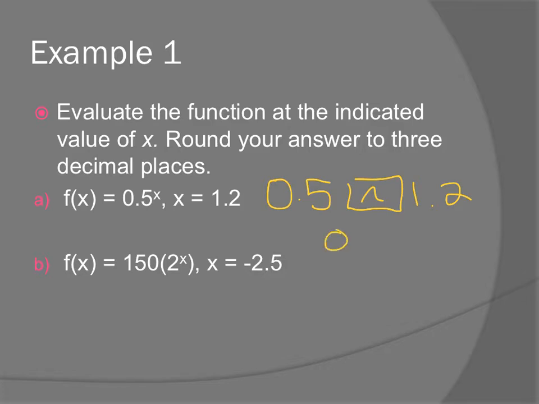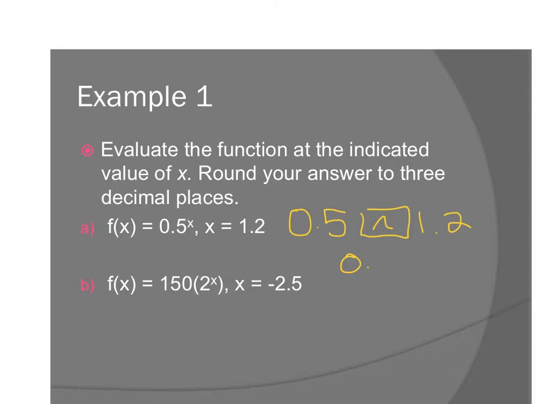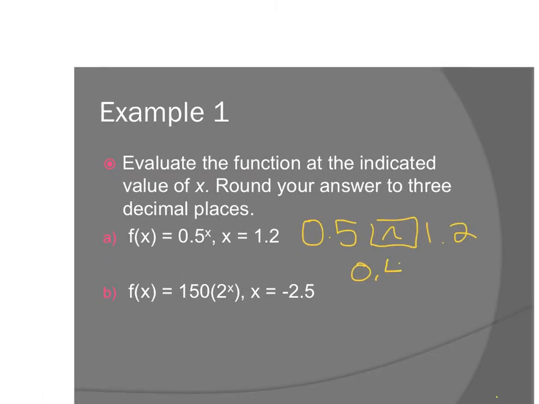And you should get 0.435. The 2 would be the next number, and you're going to drop it off because you're rounding. And then 150 times 2 to the -0.25, or -2.5. And you should get 26.5165, which becomes 517.